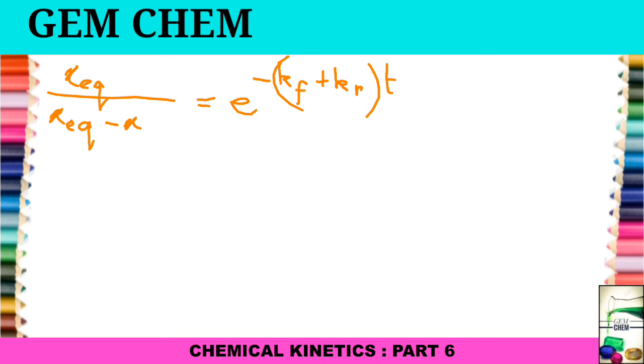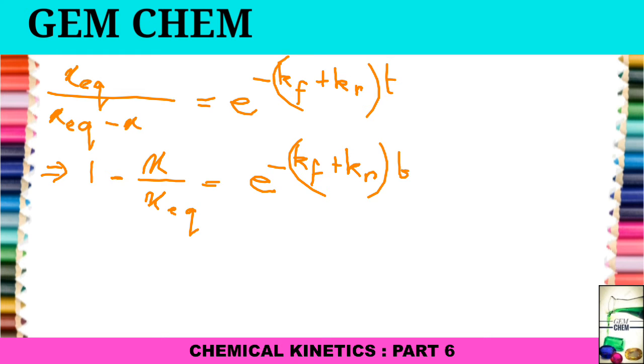So now what we have obtained is 1 minus X by X equilibrium equals to e to the power minus Kf plus Kr T. Okay. Now A and B at any time t can be obtained from here. So let us finally derive the formula.